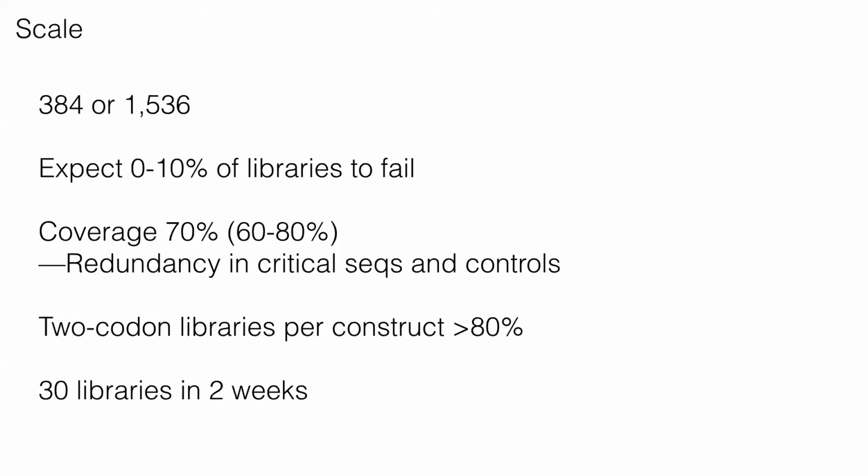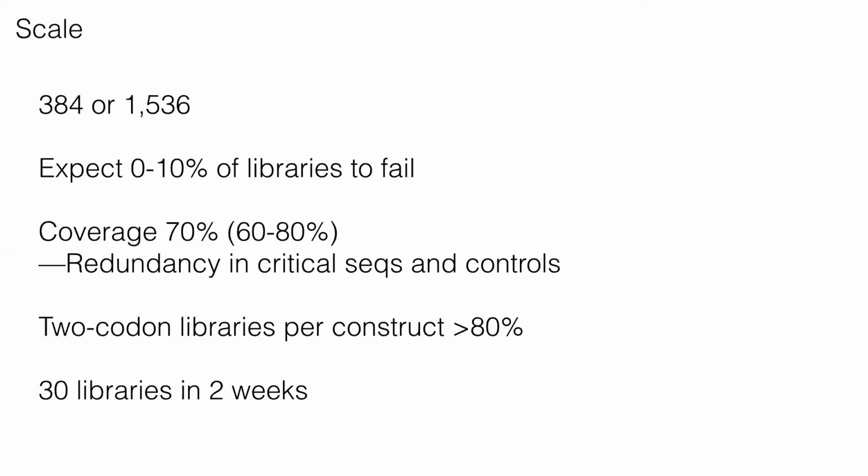What that means is you really have to build some redundancy into any controls or critical sequences that you add into your library, because some random sequences are going to fall out due to a variety of different reasons. Quite often in the past we've assembled all the protein libraries in 2 different codon versions and then mixed and pooled them together in order to both achieve higher coverage and increase our overall representation.